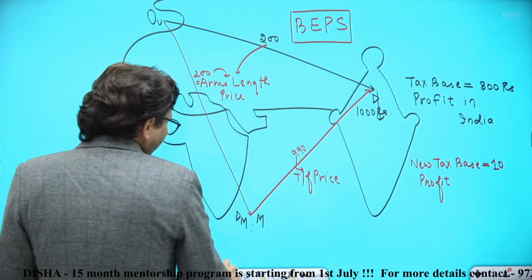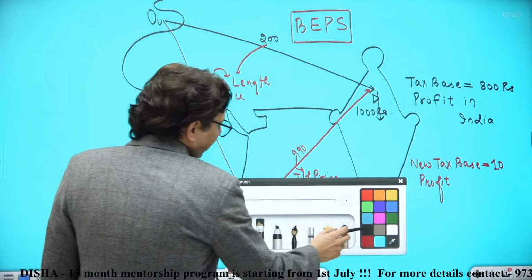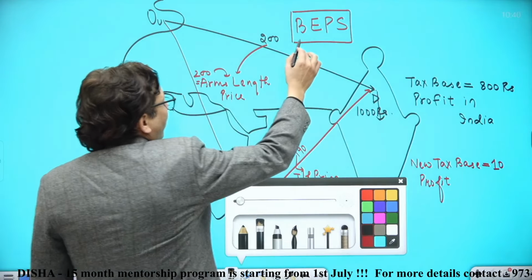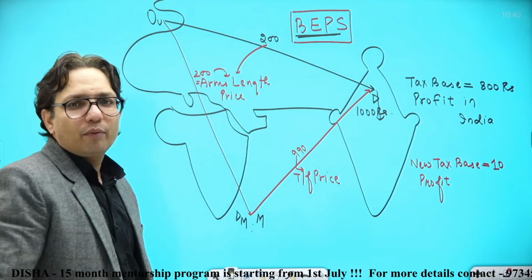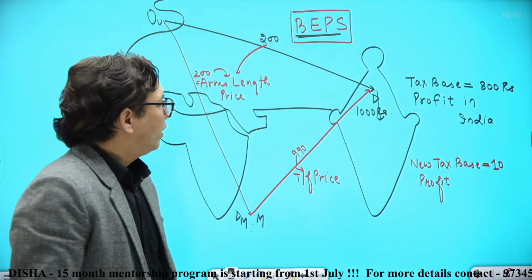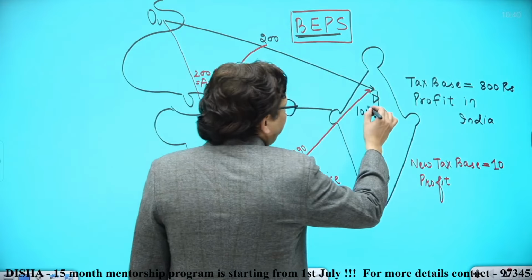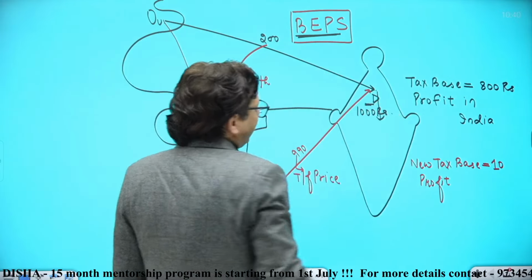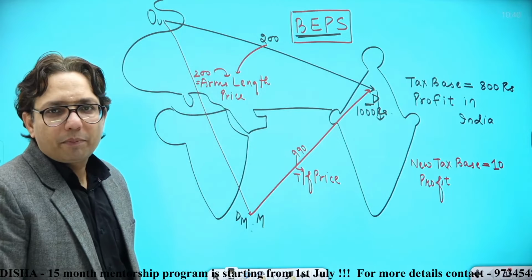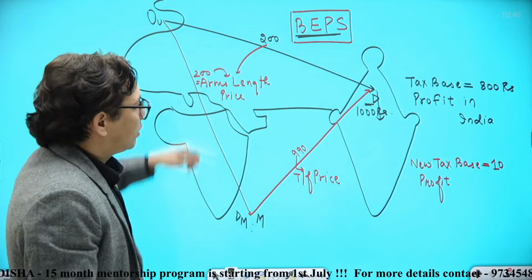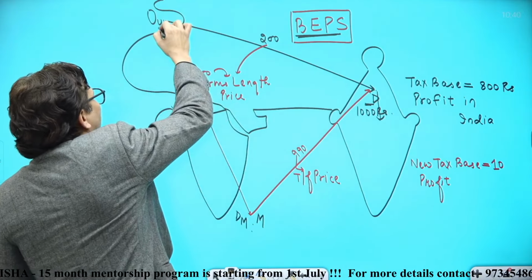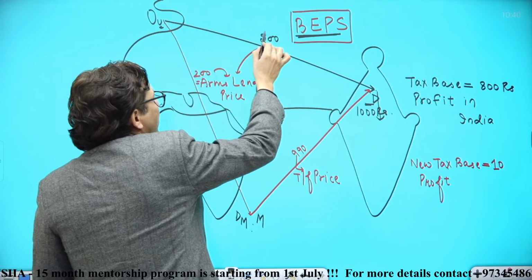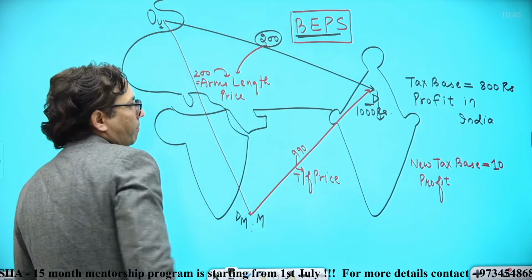Look, base erosion and profit shifting. In normal parlance, it is called BEPS. Imagine we have a company in India called D. This company D imports, say, this pen from a company in UK called U, and the pen is imported at 200 rupees.